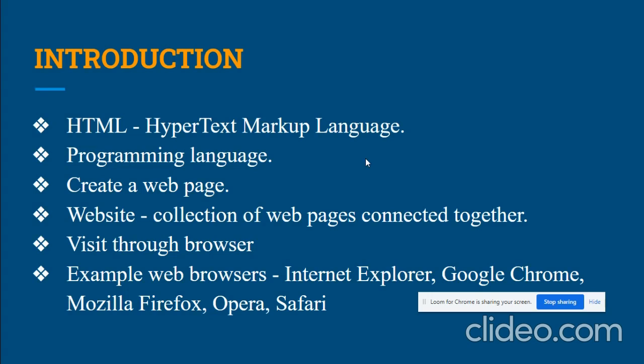Then there is Mozilla Firefox, that is another browser. Then you have Opera and Safari. These are the common browsers used across the world. There are lots of more browsers also, but these are the most commonly used web browsers.